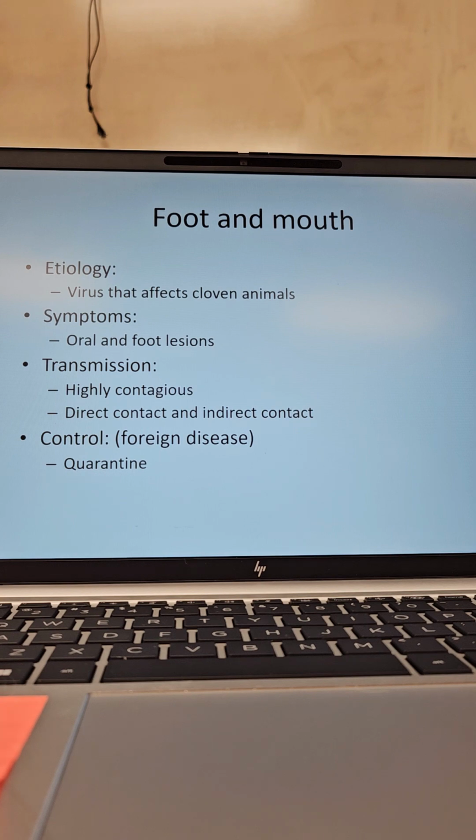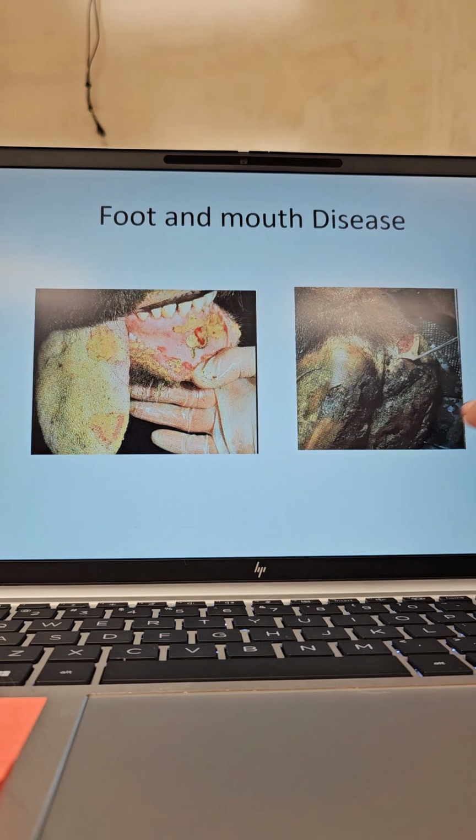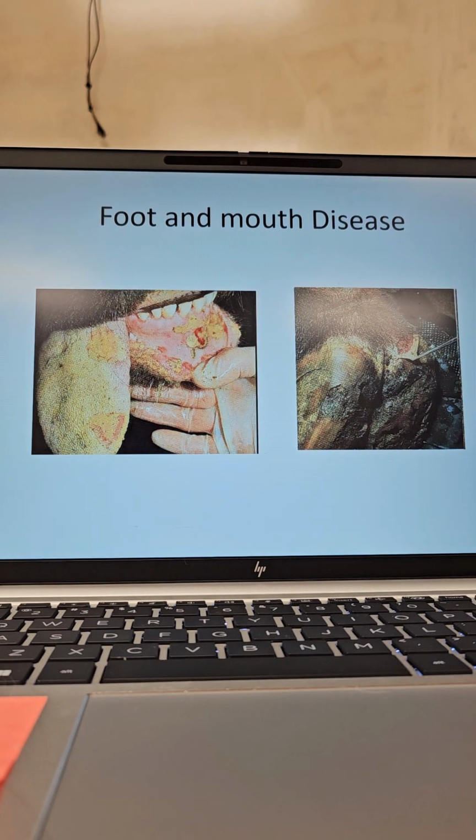You can transfer it either through direct contact or indirect contact. It is a foreign disease. It's not from around here typically, and you are going to quarantine those animals. And there you can see on the next slide, we have oral lesions here, some lesions here on the cloven foot.